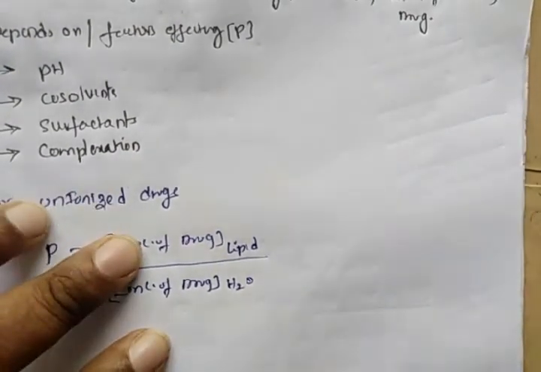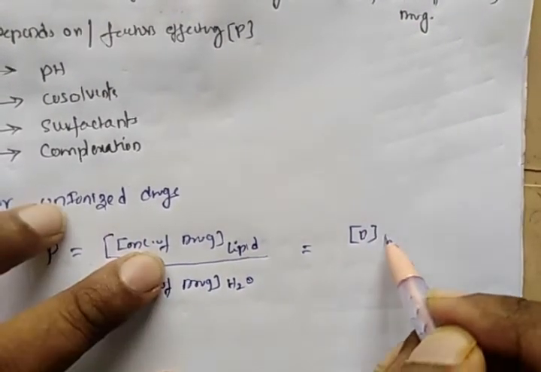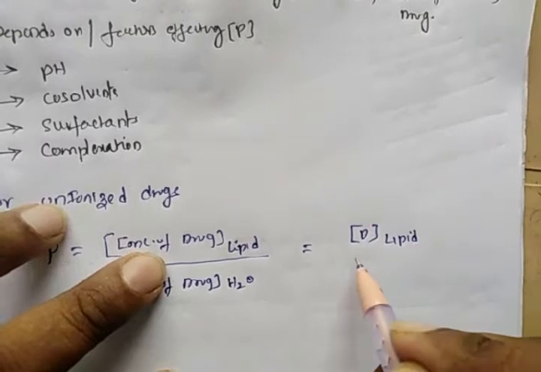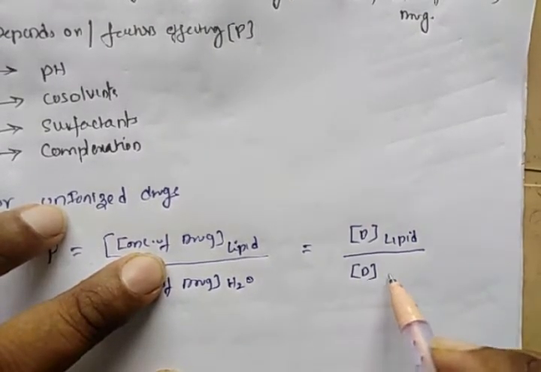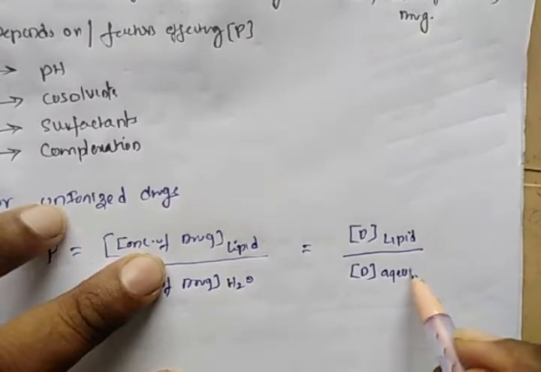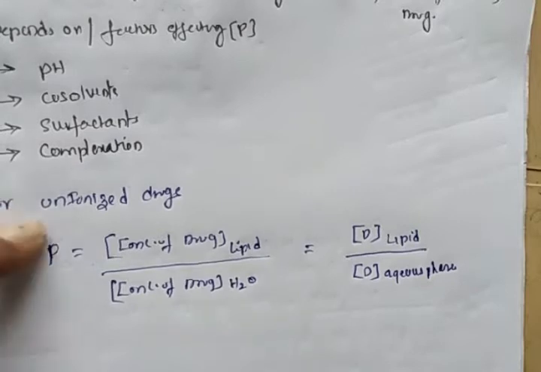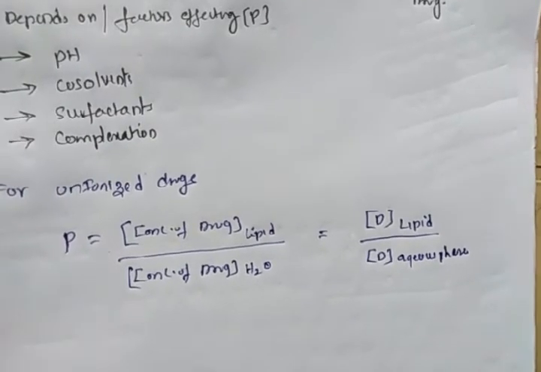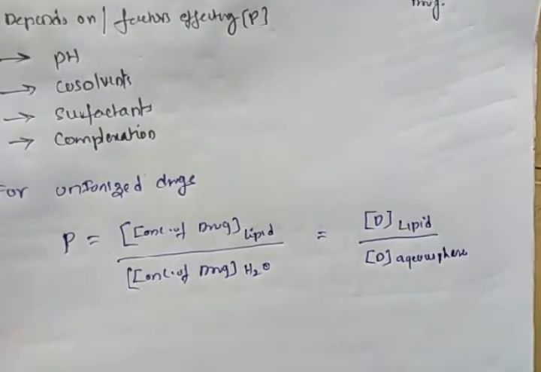So it's simply denoted as the concentration of the drug in lipid phase divided by the concentration of the same drug in aqueous phase. So P for the unionized form of a drug is the concentration of the drug in lipid phase divided by the concentration of the drug in aqueous phase.